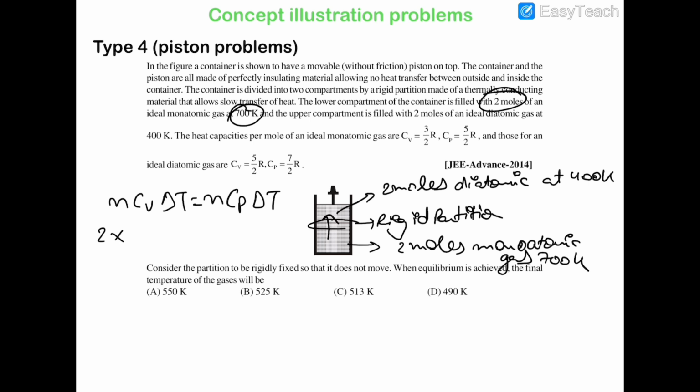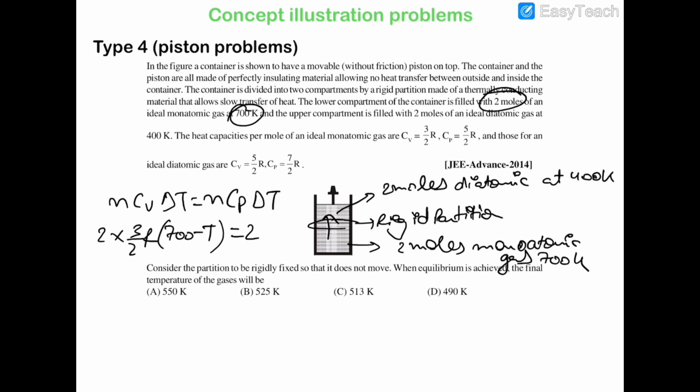So the lower compartment has a monatomic gas having Cv as 3/2 R, and delta T, let us suppose that the equilibrium temperature is T. So T will be less than 700 and T will be greater than 400. So we can say that for the lower gas, delta T will be equal to 700 minus T, and n is 2.